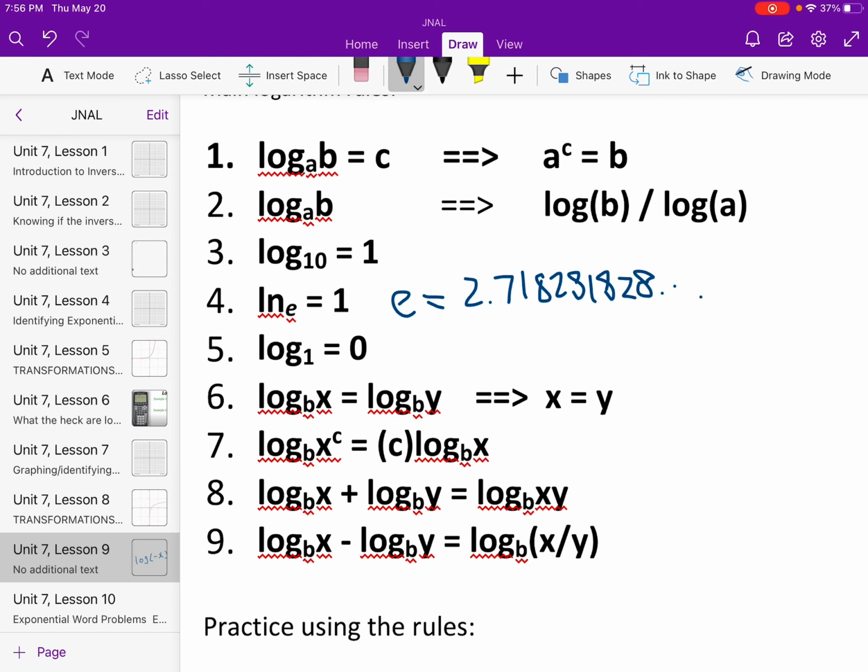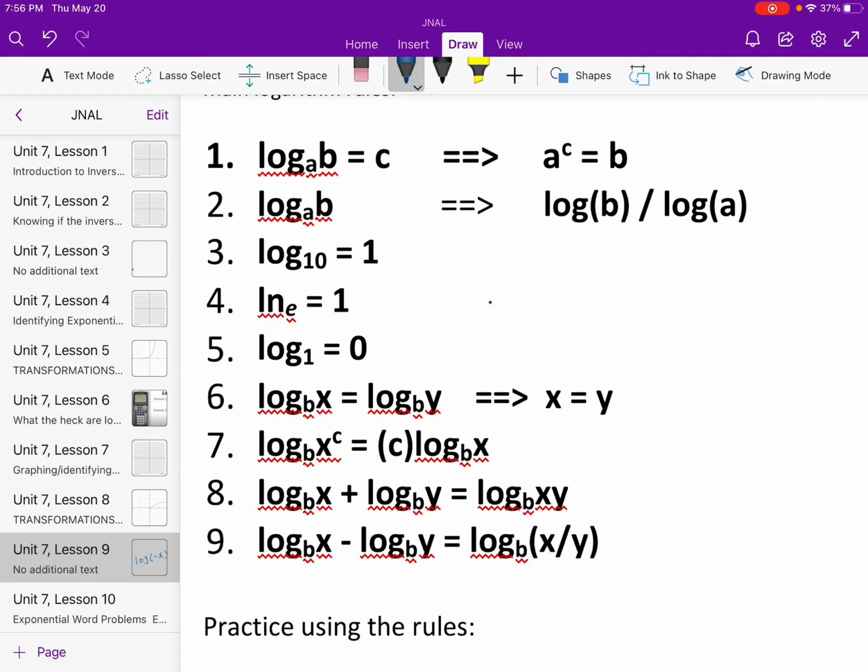That's not something you have to memorize, just like pi, but it's kind of useful to know. And the logarithm of 1 is 0, so those are 3 rules you need to know.